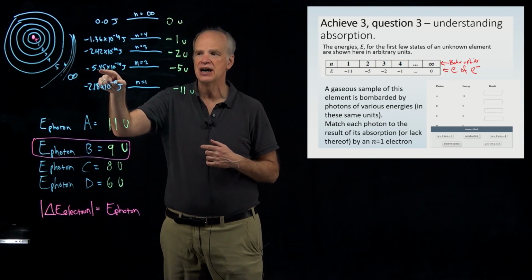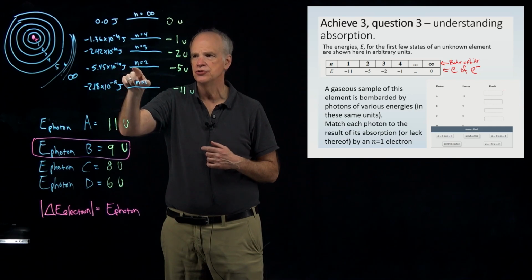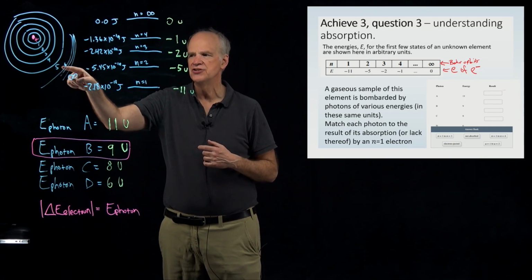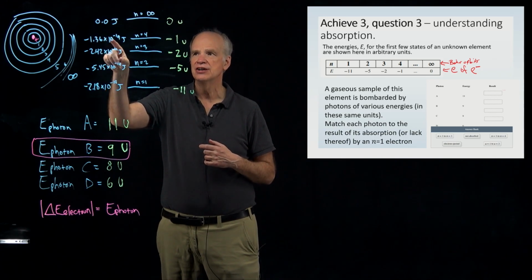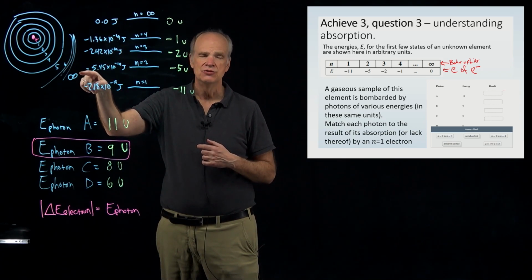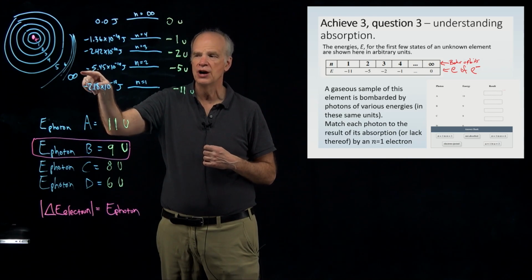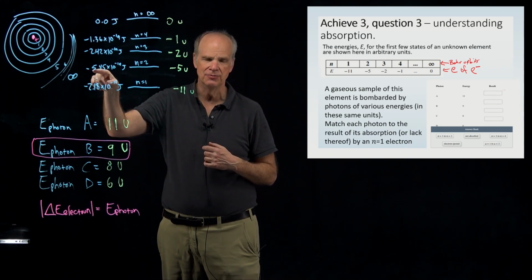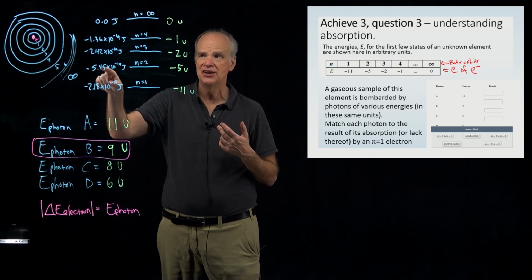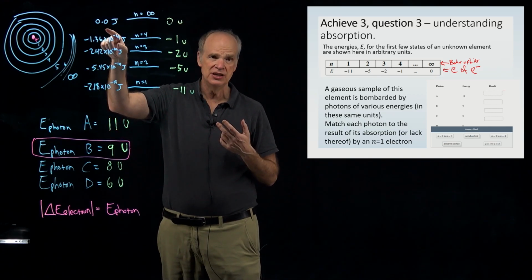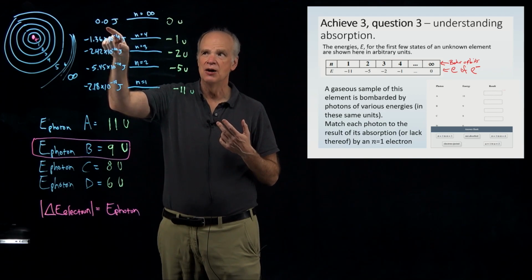So that's negative 5.45 times 10 to the negative 19 joules, and so on. As you go out in orbits, the electron gets higher and higher energy until the electron is so far away that it is completely off the atom. When the electron is completely off the atom, it is said to be ionized. And in that case, its energy is arbitrarily set to 0.